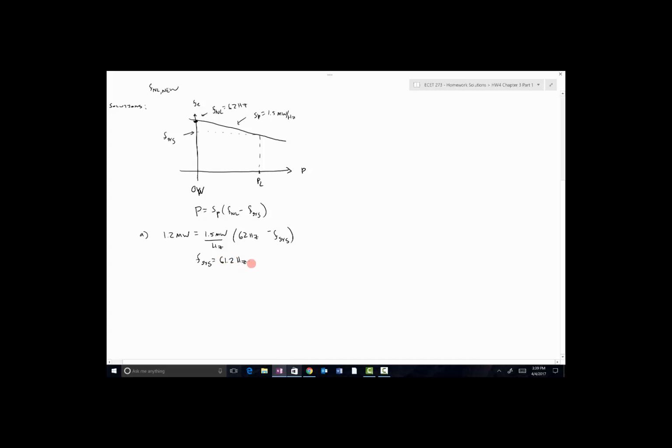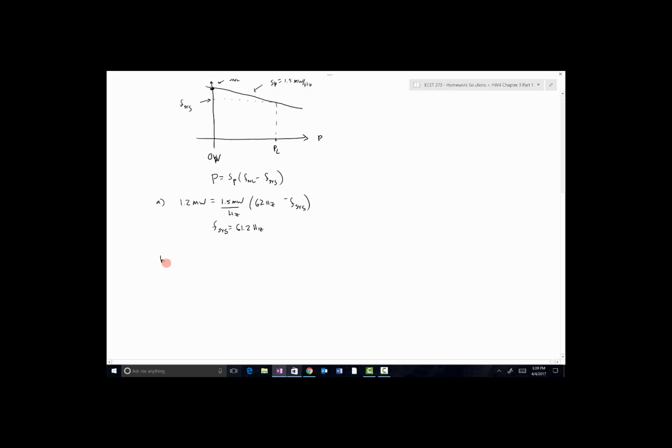A little bit high. Anyway, that's what it's operating at. What happens if some more load comes on? Well, we know qualitatively, if we add load, because of the slope characteristic, P will increase. That means F_sys has to decrease, but exactly how much? To solve that, we just take part B. The load's going to increase to 1.2 megawatts plus 1.14 times 0.707.